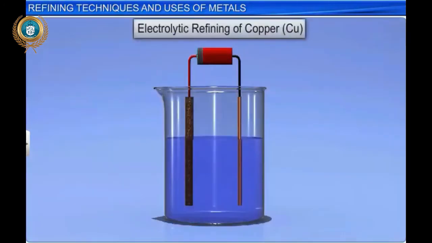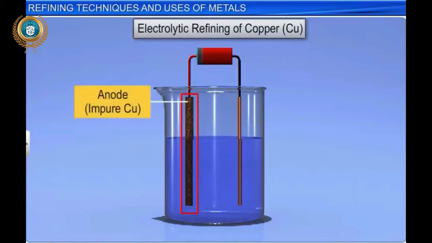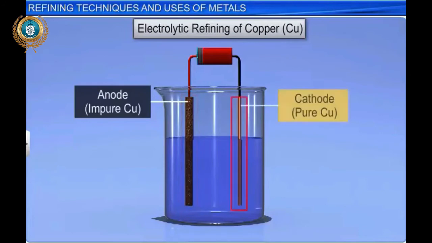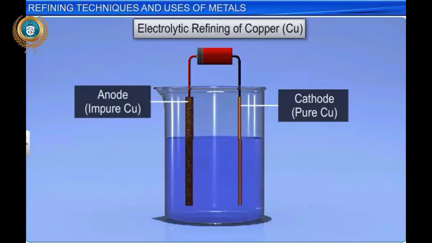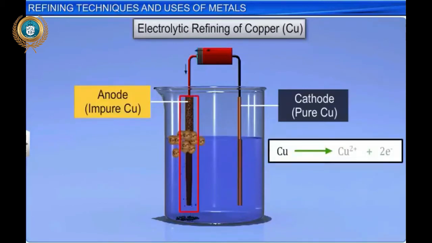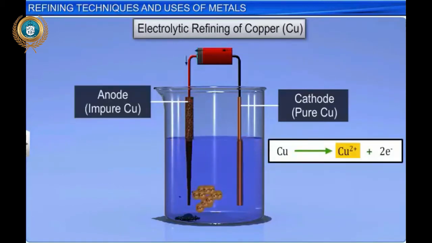For example, copper is refined by the process of electrolytic refining. Impure copper metal is made the anode, while a thin strip of pure copper strip is made the cathode. An acidified solution of copper sulfate is taken as the electrolyte. On passing electricity, copper atoms from the impure copper anode lose electrons to become Cu2 plus ions and enter the electrolyte. These metal ions are reduced at the cathode and are deposited as pure metal.